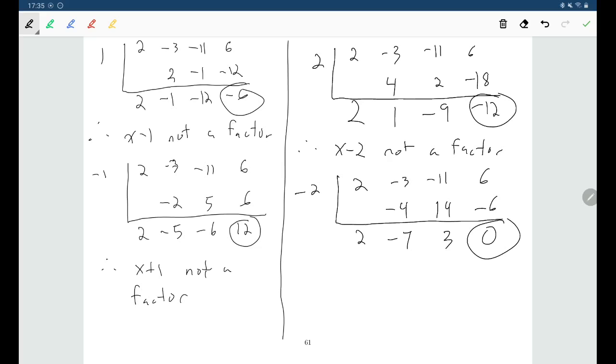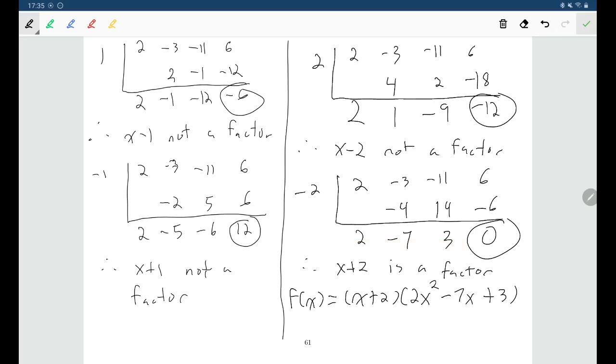We have a remainder of 0, so that tells me that x plus 2 is a factor. And in particular, you can say that f of x factors as x plus 2 multiplied by this quotient. And that quotient would be 2x squared minus 7x plus 3.